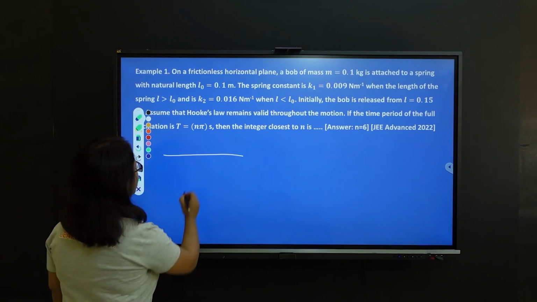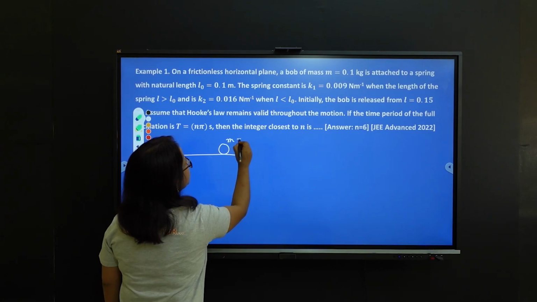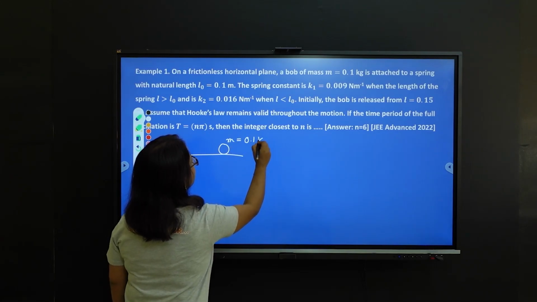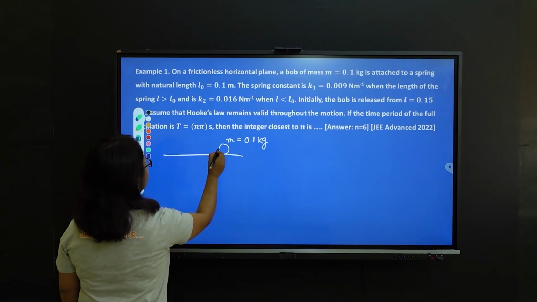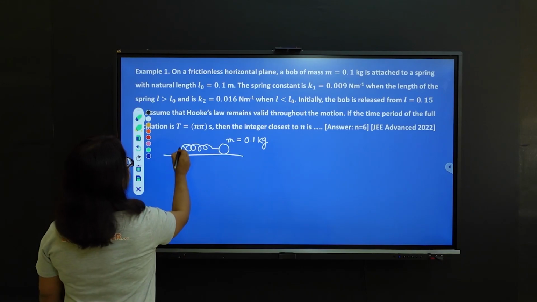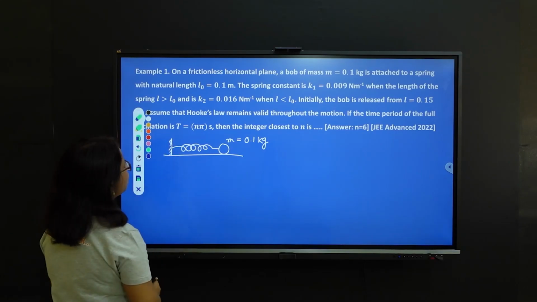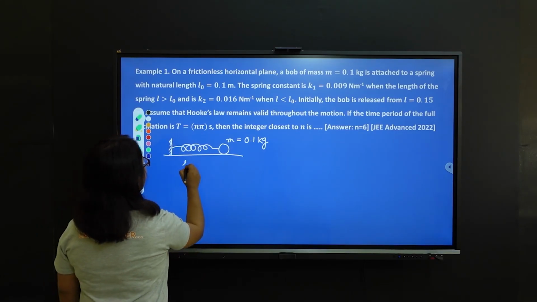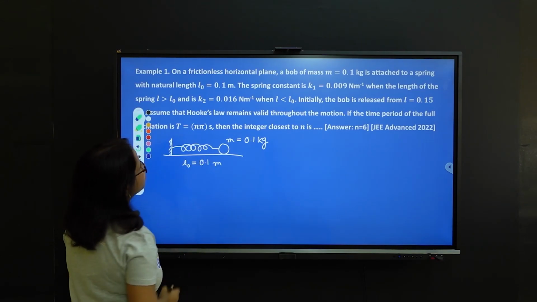On top of that, we have a bob whose mass m is equal to 0.1 kilogram. It is attached to a spring and the spring is attached to a rigid support here. The natural length of the spring L naught is equal to 0.1 meter.